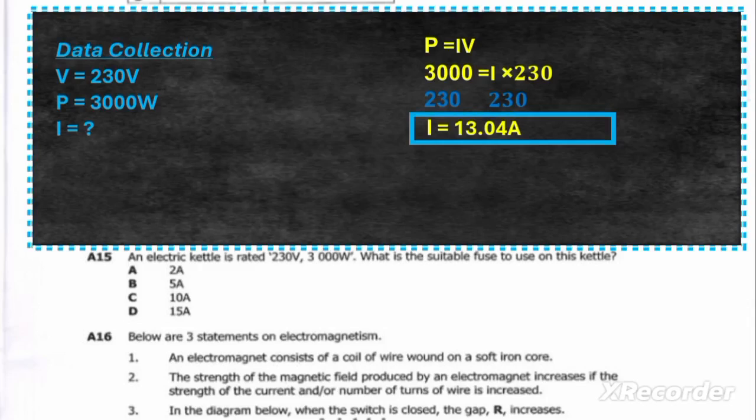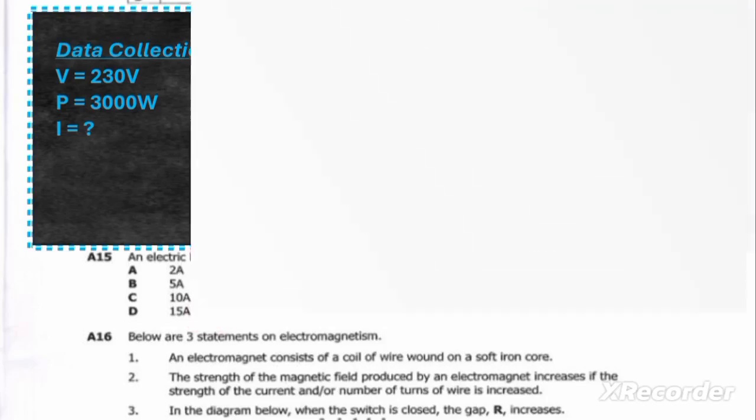To suggest the fuse, the current rating of the fuse that we want to use should be slightly higher than the calculated electric current. Here we have 13.